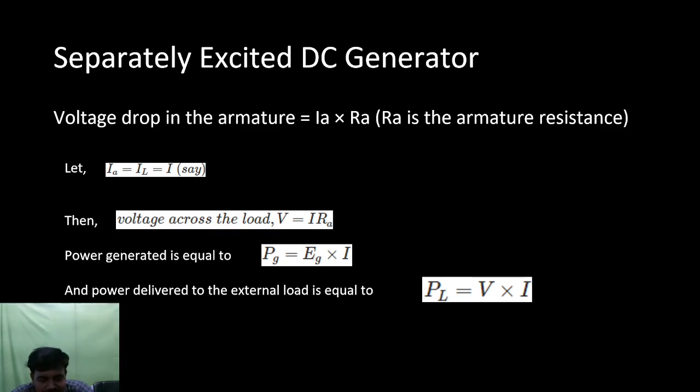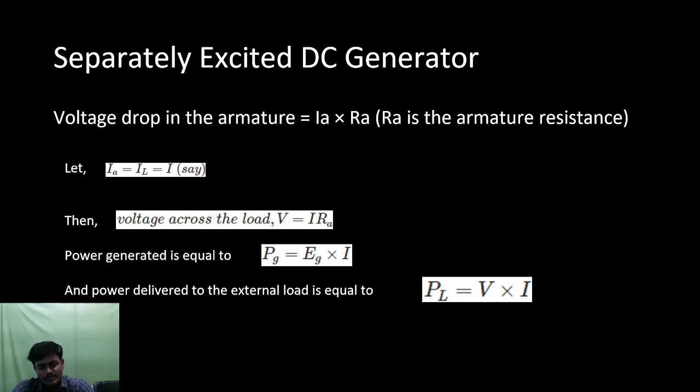And the power generated is equal to EG into I. For every DC generator, we have the back EMF value. So the power generated in the generator is EB into I, and the power delivered to the external load is equal to V into I. From the back EMF power, we have losses such as armature copper loss, field copper loss and so on.